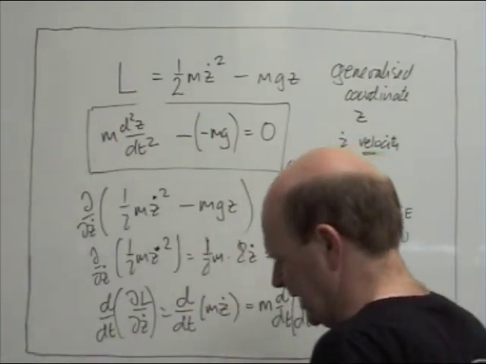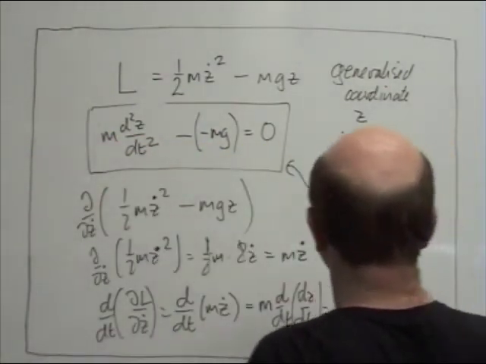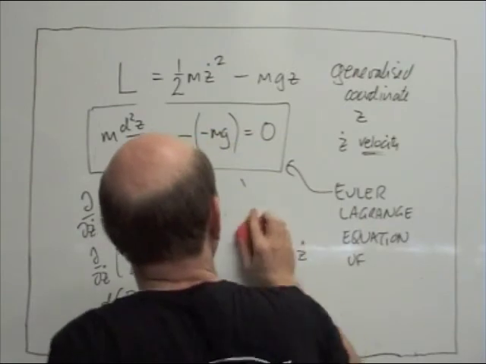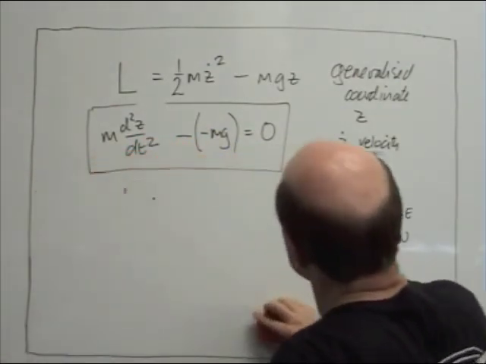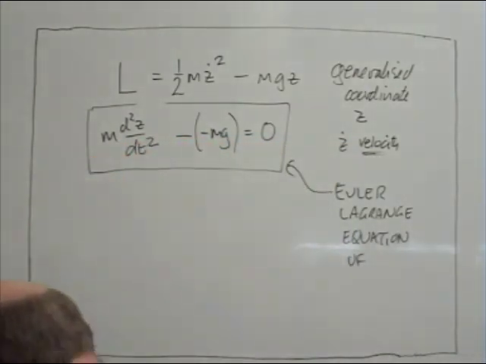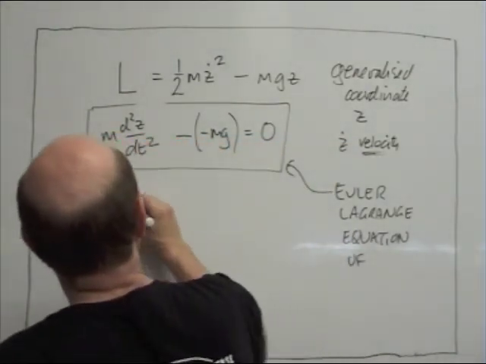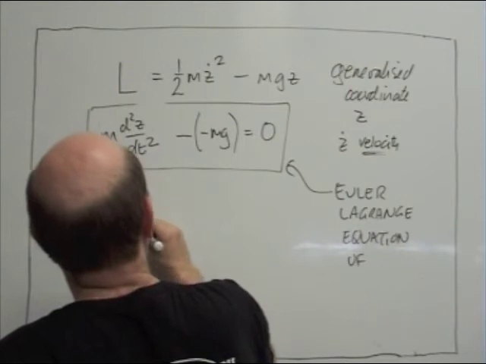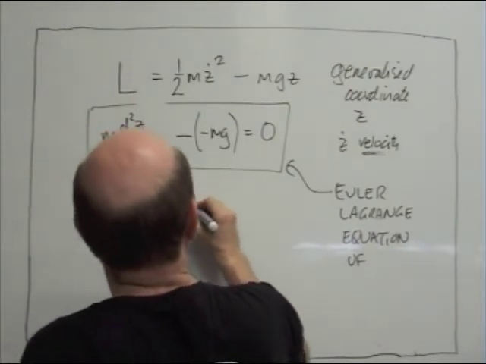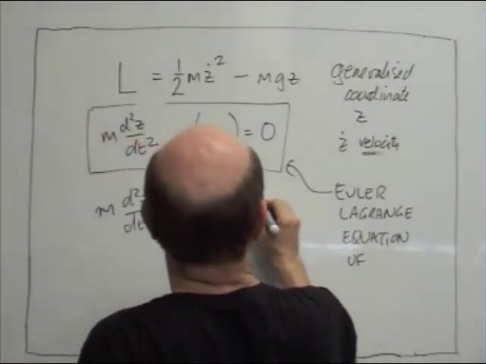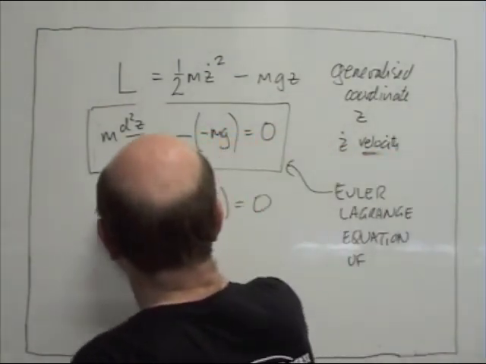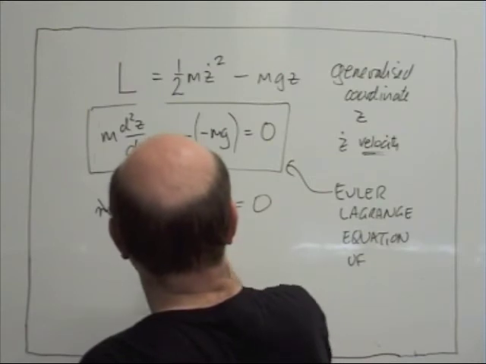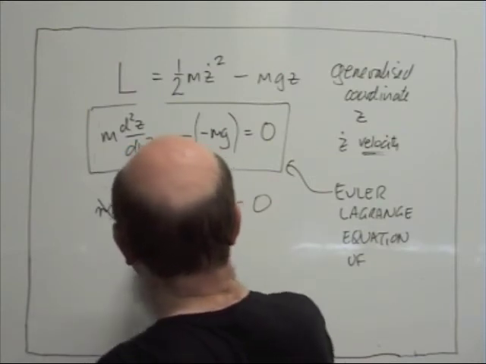Right? And so now we've actually figured out the Euler-Lagrange equations of motion. Everything we need is in the box. So we have m d2z by dt squared minus mg equals 0, or the m's cancel here, and the 2 minuses give you a plus.